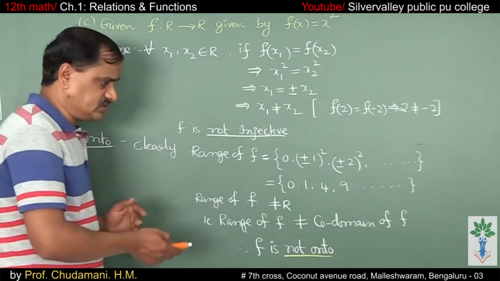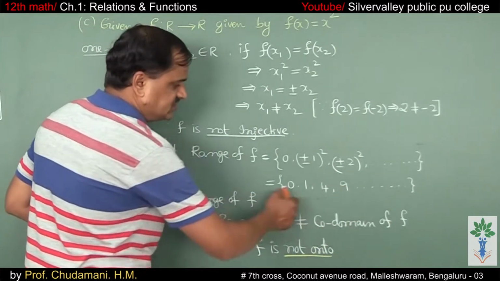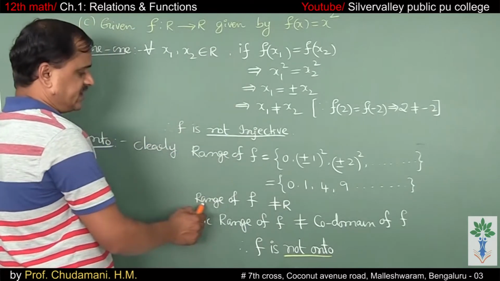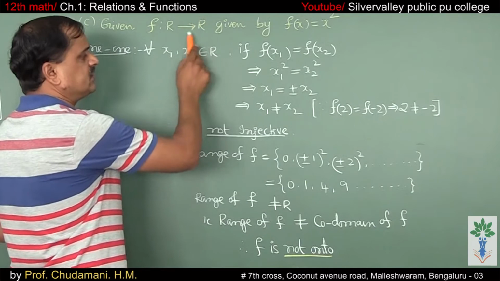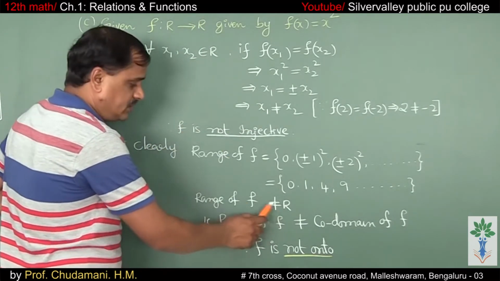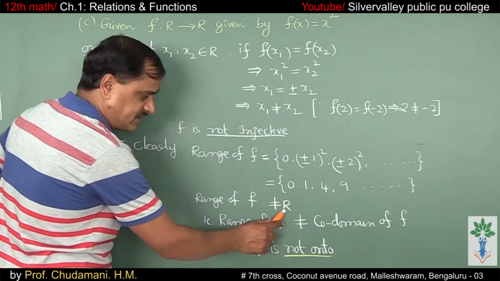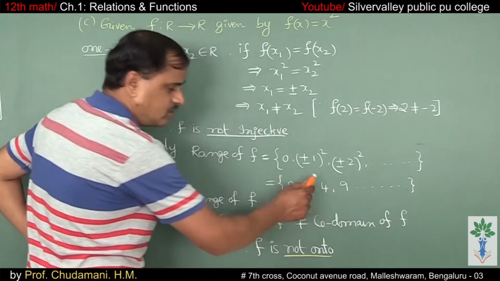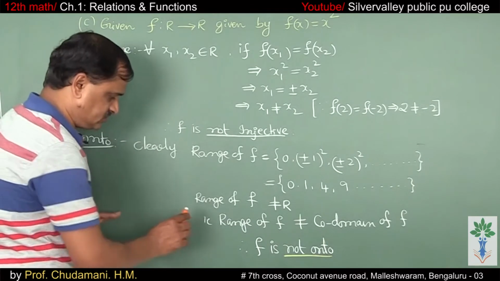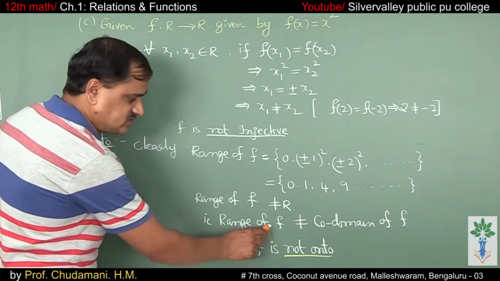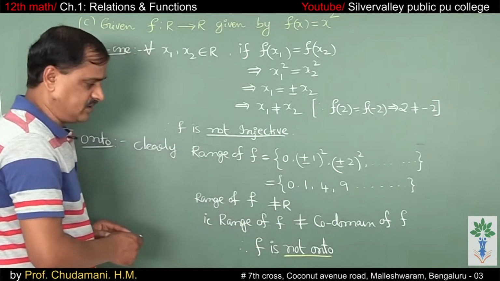Even fractions also. So clearly this is not all the real numbers. So the range of f is not equal to the codomain, which is the set of reals. Only 0, 1, 4, 9, perfect square numbers, are there. So that means range of f is not equal to codomain of f.